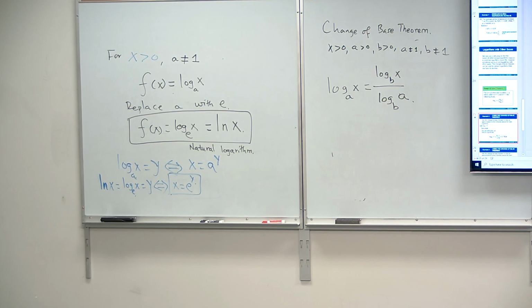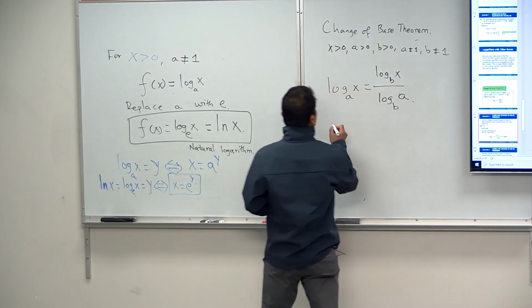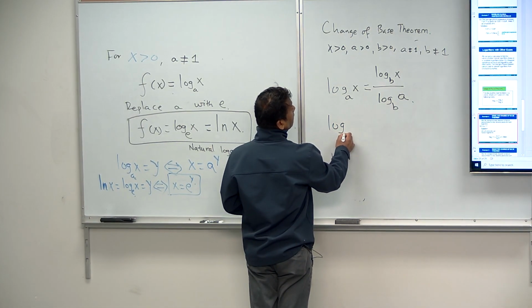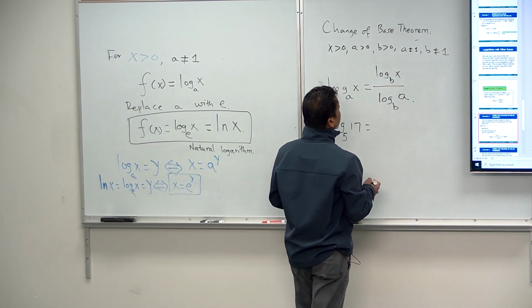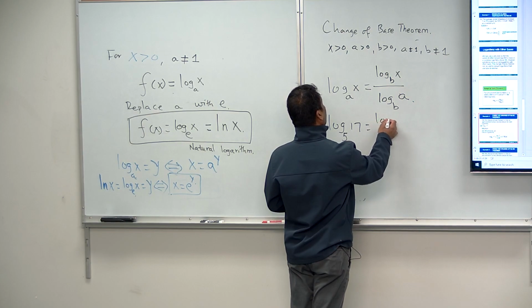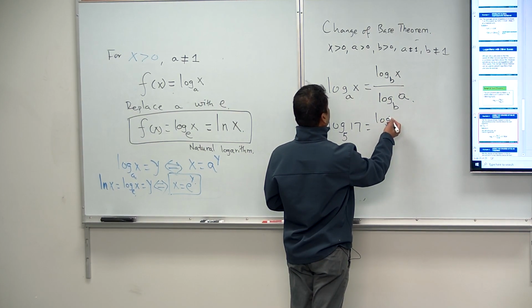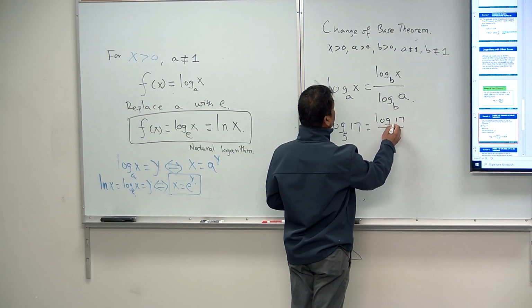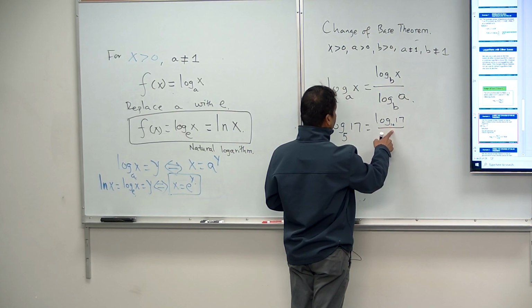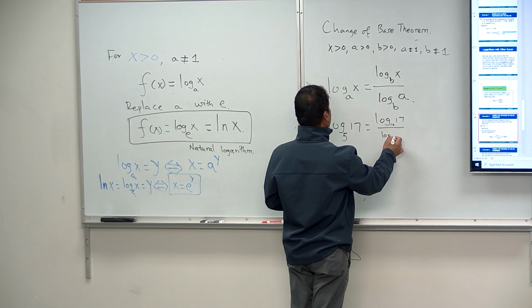So now if you want to find the logarithm with base 5 of 17, you can pick, let's say, base e, or you can simply write log 17 over log 5, because this is logarithm with base 10 of 17 over logarithm with base 10 of 5.